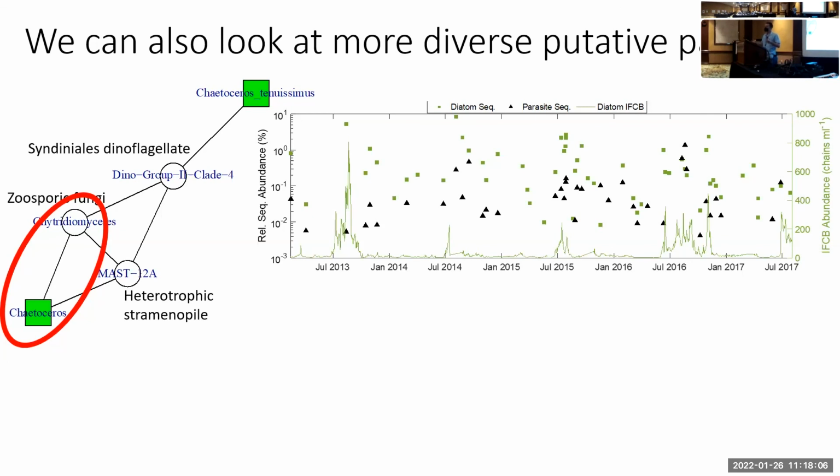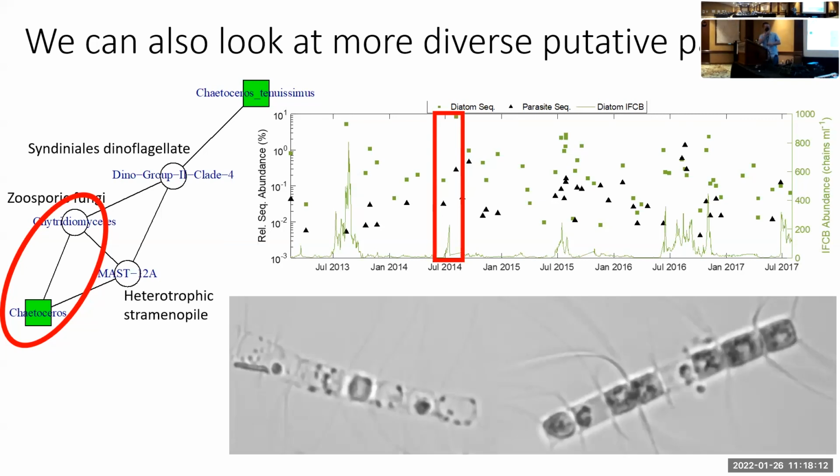Same story, where we can use the abundance profiles to find events to look into and find some interesting evidence that may suggest that Chaetoceros is being parasitized by perhaps a zoosporic fungus, which has actually been observed before. So at least some exciting potential. Again, it's very much under development.